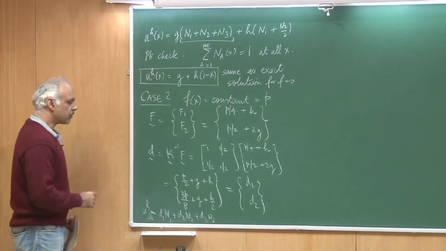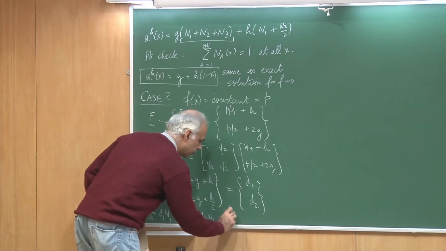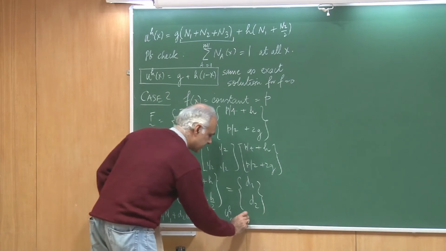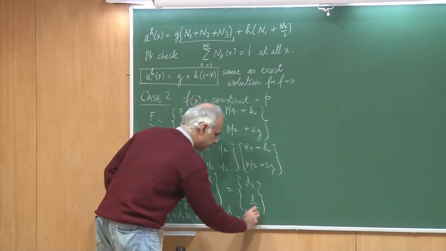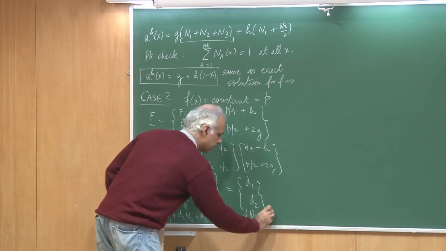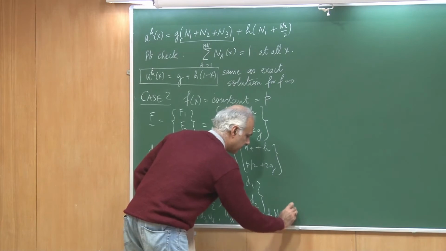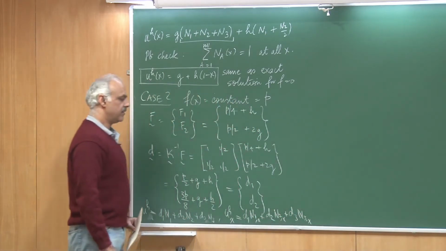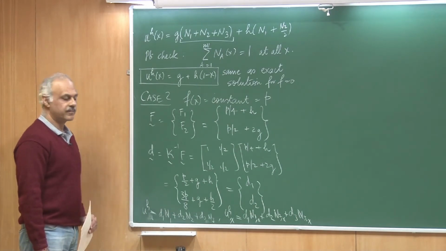In fact, I can also estimate the derivatives. So if I want to calculate UH,x, then you will notice it is simply d1, because these are constants, so I use the chain rule, n1,x plus d2 n2,x plus d3 n3,x. So you can find out the first derivative also.